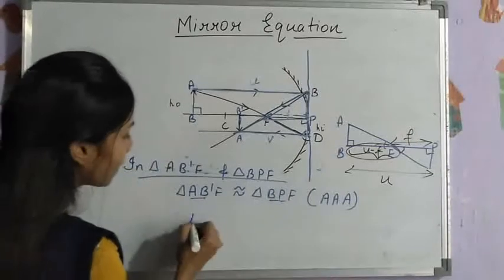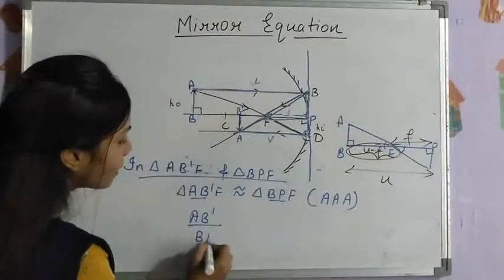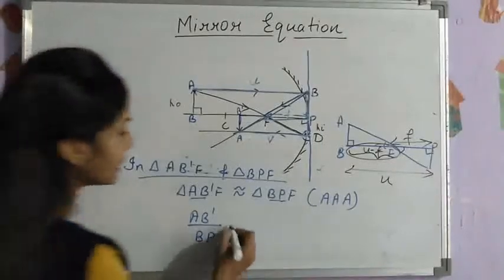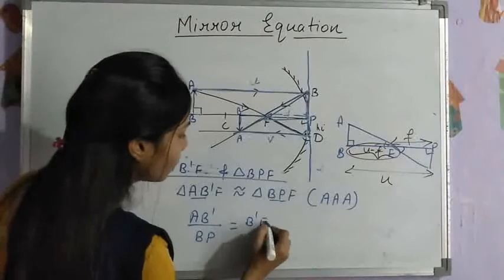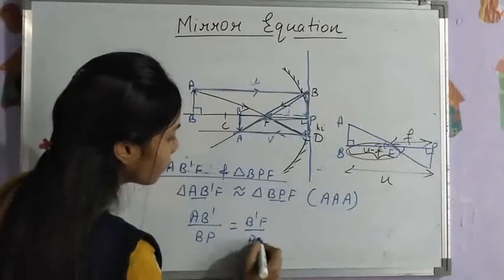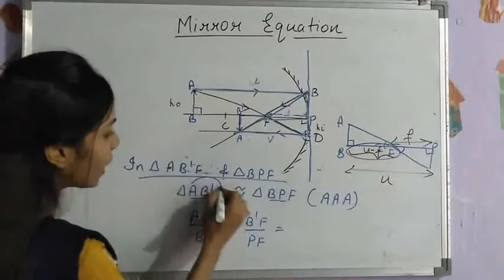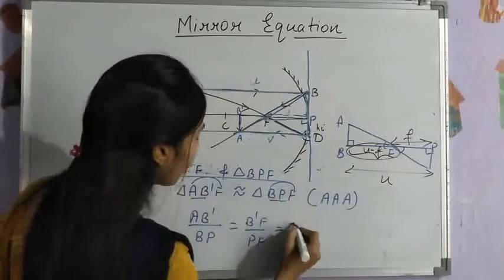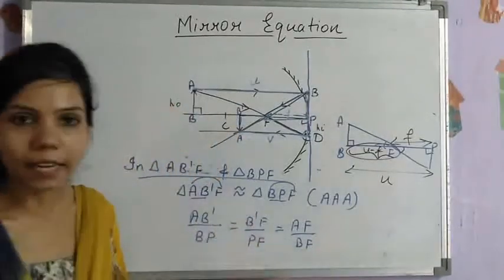AB' and BP are the ratio of two corresponding sides. This will be equal to B'F upon PF. And also this will be equal to AF corresponding to BF. So AF upon BF. These are the corresponding sides ratio.